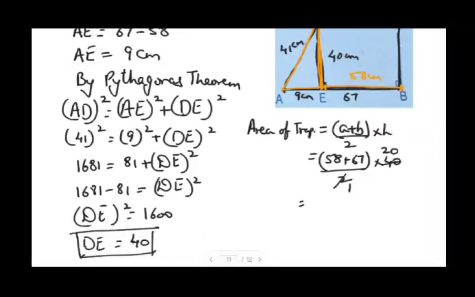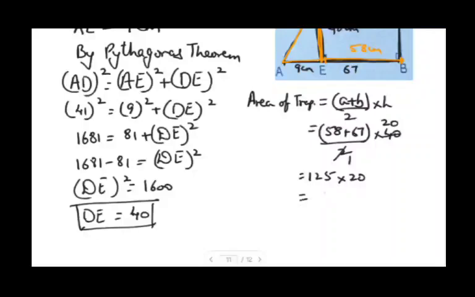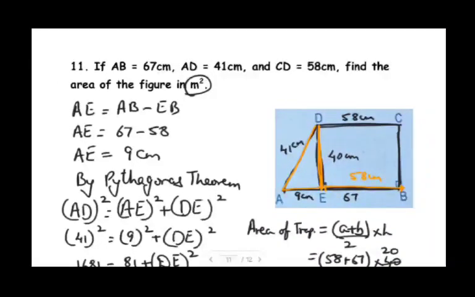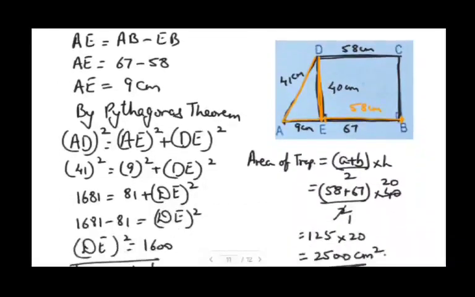So 8 plus 7, 15. 6 plus 5, 11, 12. 125 into 20, which is equal to 2500 centimeter square, children. I found out everything in centimeters.